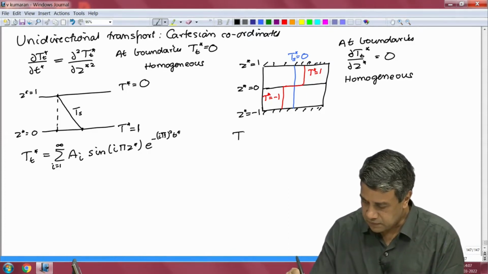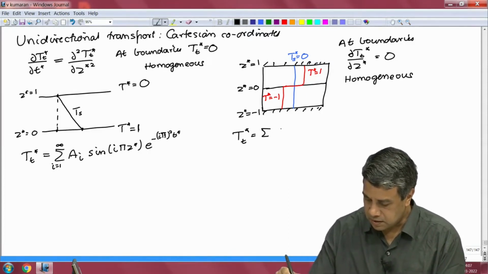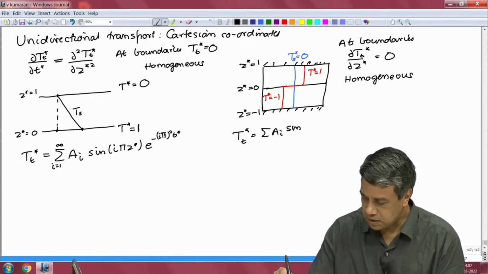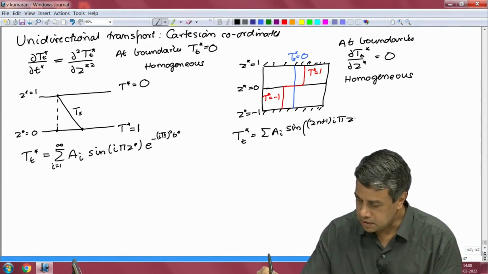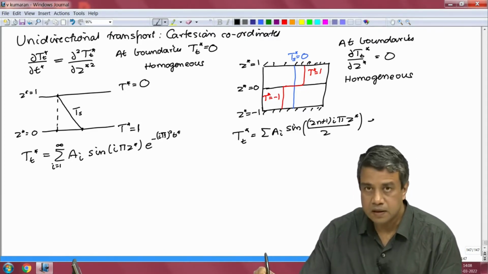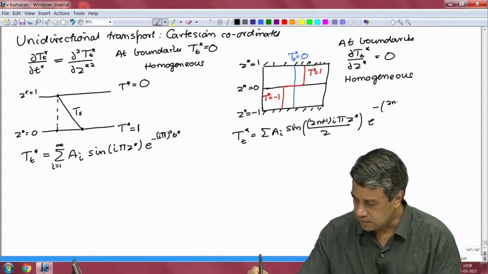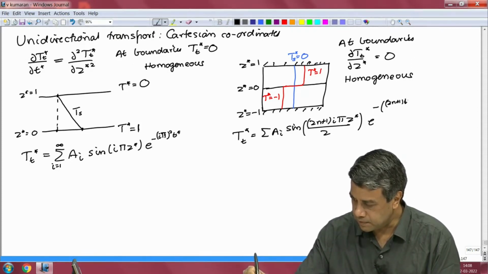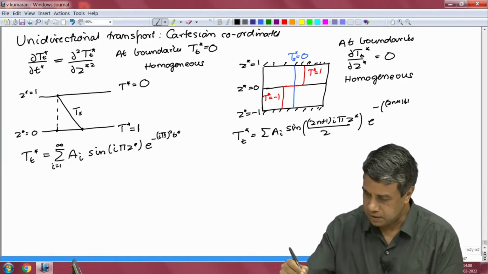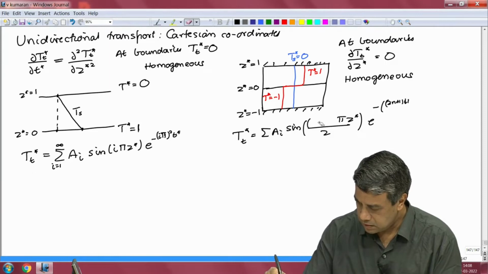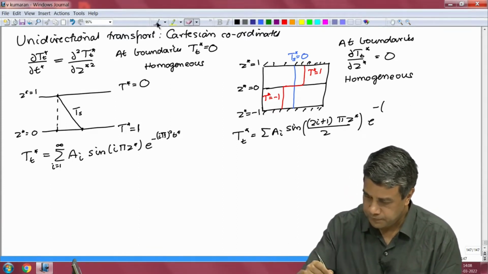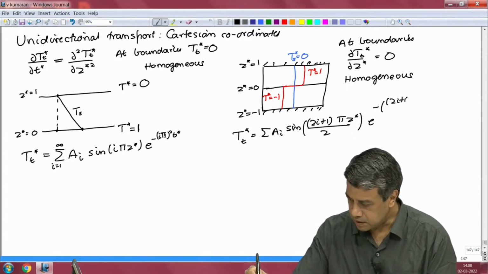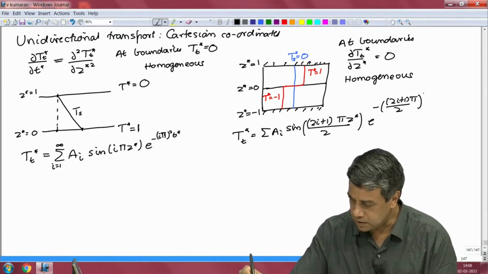In this case, I had got for the transient part summation of a i sine of 2i plus 1 pi z by 2, e power minus 2i plus 1 pi by 2 the whole square t.